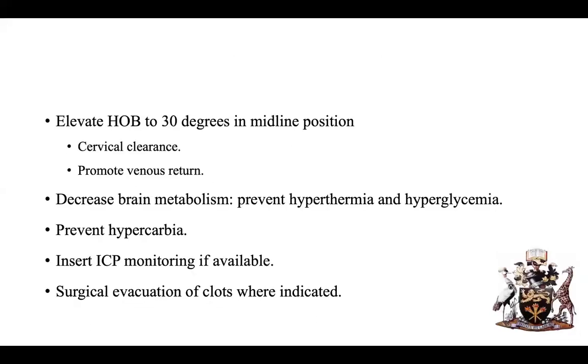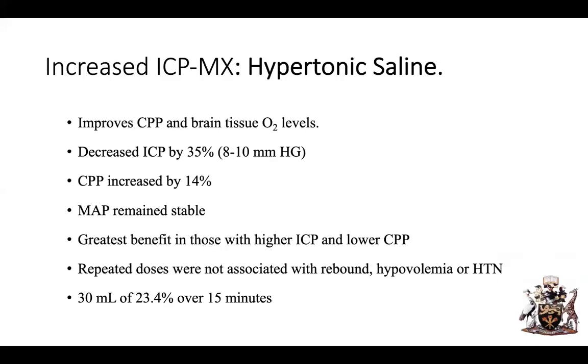What are the other options you can do? You can use what is called osmotic therapy, and I've put both we use. You can use hypertonic saline. The advantage of hypertonic saline is that one, it increases the CPP and decreases the intracranial pressure. But more importantly, it has no risk of causing hypotension, and it can be used also in patients who are hypotensive, unlike mannitol.